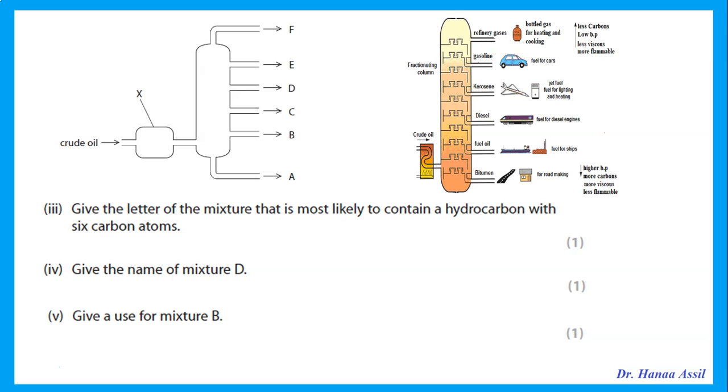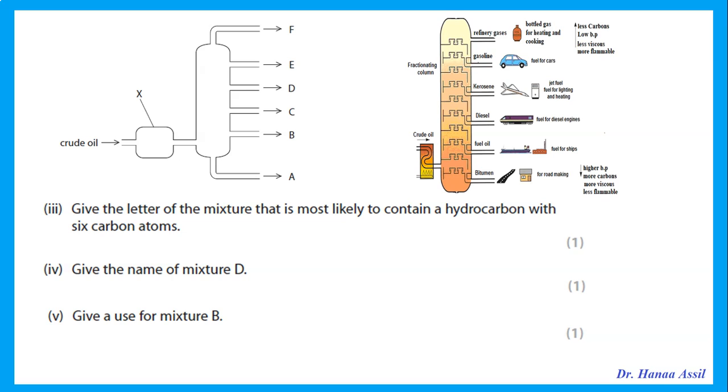The ones collected at the top are the ones with fewer carbons and lower boiling points. When we talk about refinery gases, remember most of these are alkanes. Alkanes are gases if we have 1, 2, 3, 4 or 5 carbon atoms. So these are methane, ethane, propane, butane, pentane.